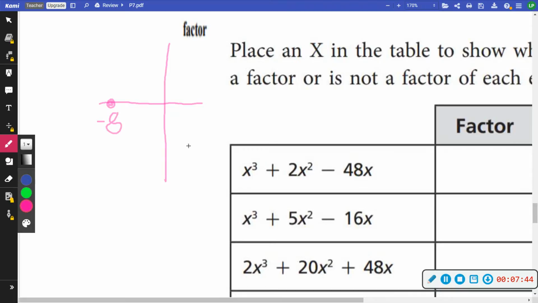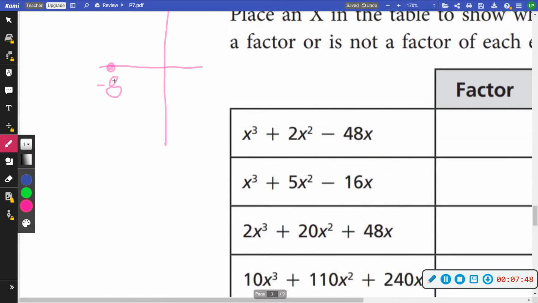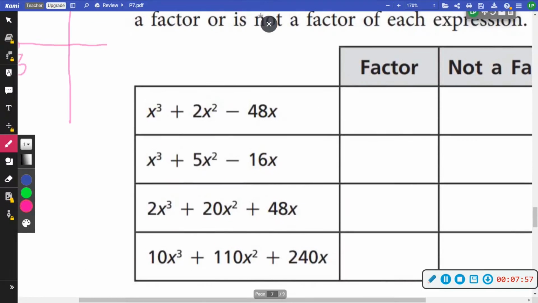So what you could do in theory is type all those into Desmos, and if it has an x-intercept of negative 8, you say yes. If it doesn't have an x-intercept of negative 8, you would say no. And since they're asking for a lot, I'm actually going to do that.